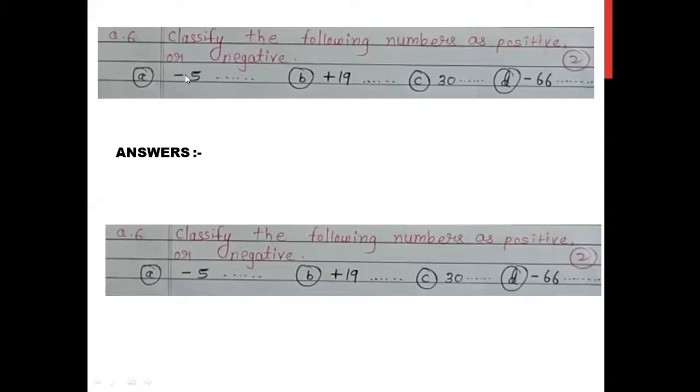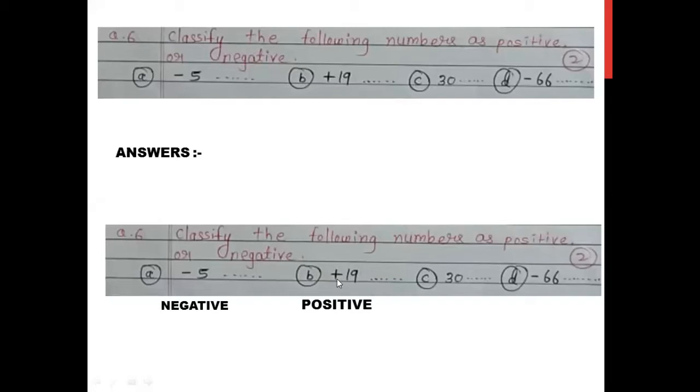So minus 5, this one is a negative number. Minus 5 is negative. Now this 19 is a positive number.